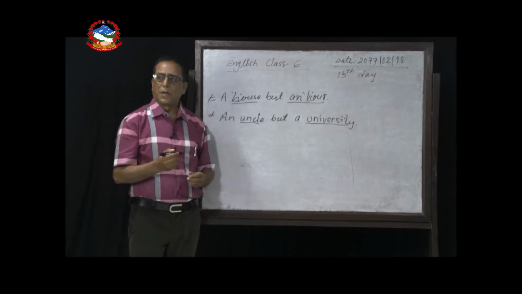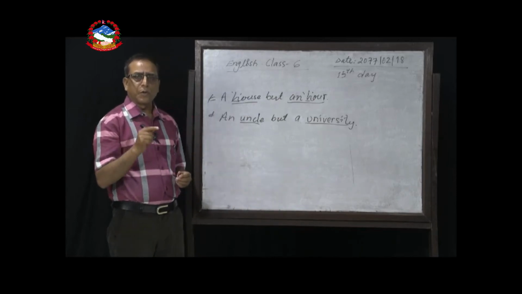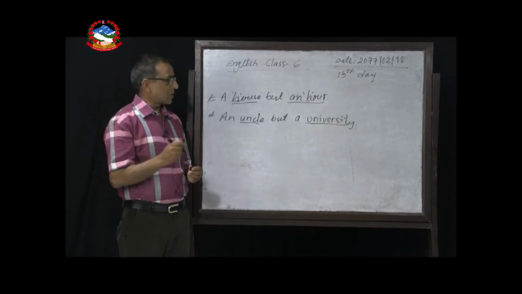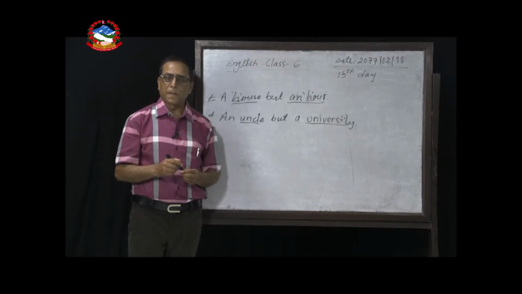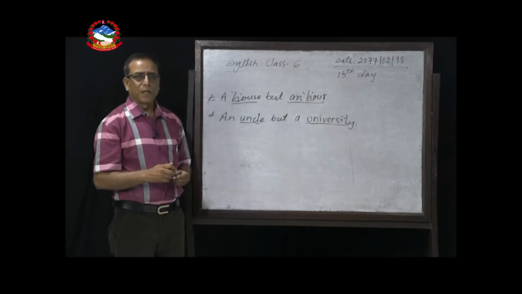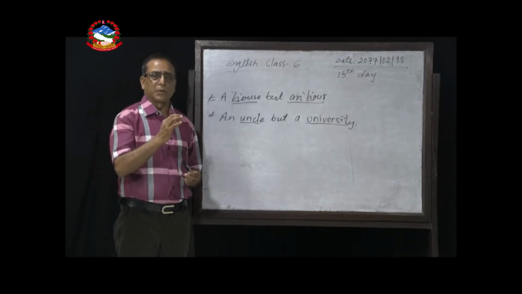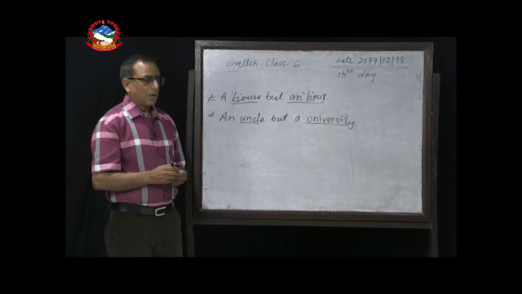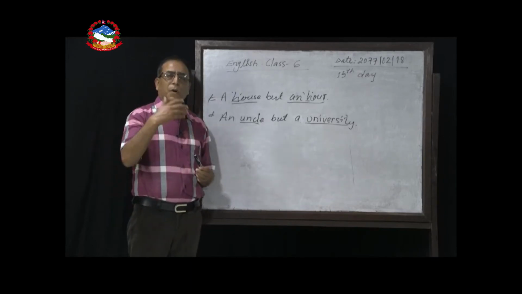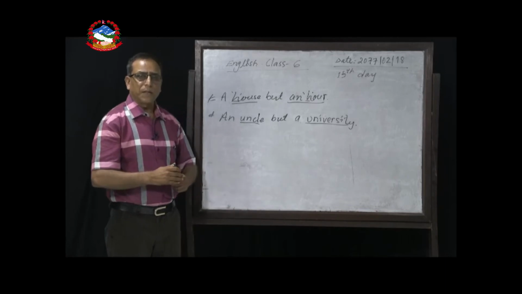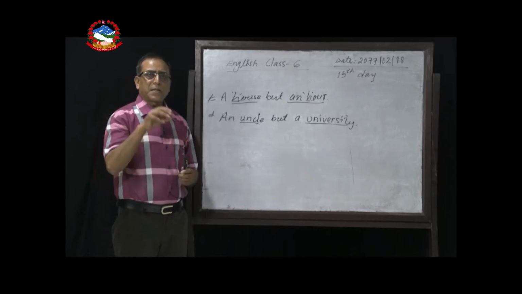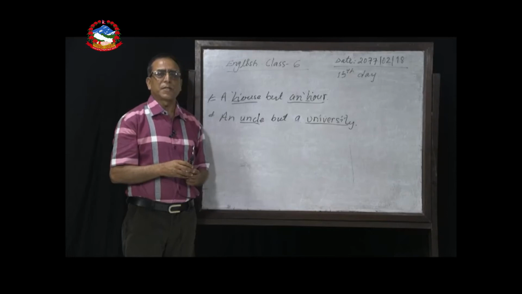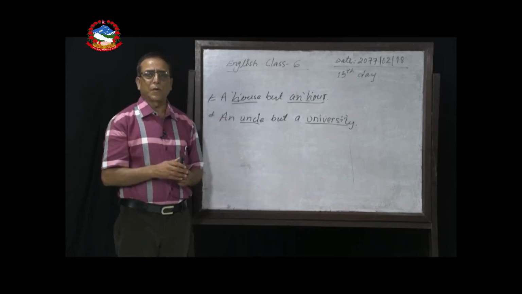As you know, A, E, I, O, U, these letters are the vowel letters. Before the vowel letters, we use an article. It is the general rule, but there are exceptions, which you have already known about. The initial sound of the word is very important.